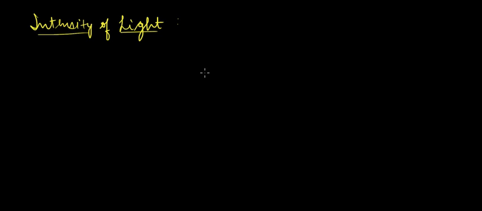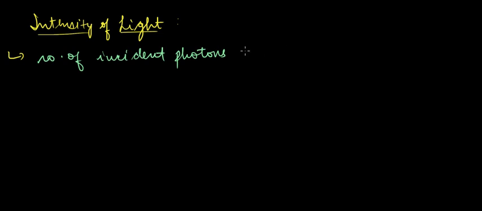So intensity of light is simply defined as the number of incident photons per unit area per unit time. Okay, so just remember this: number of incident photons per unit area per unit time.